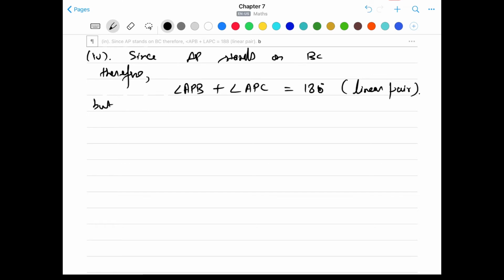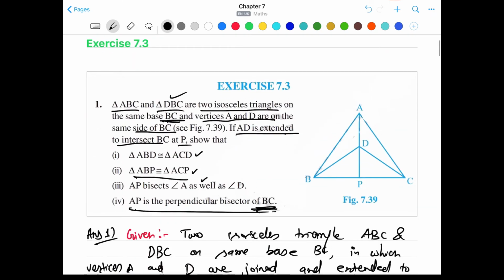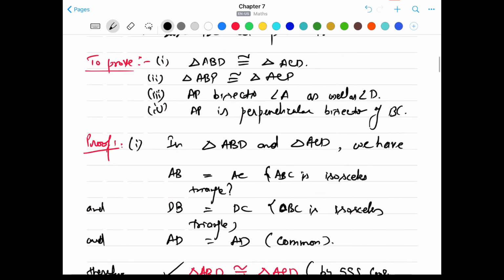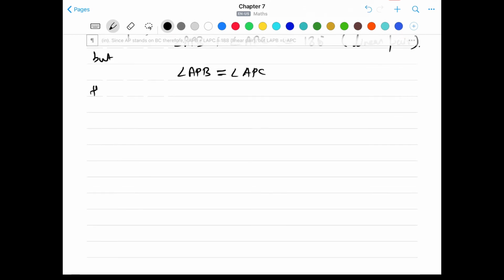So the sum of these two angles has to be equal to 180 degrees, but we have proved that angle APB is equal to angle APC. Therefore angle APB equals angle APC equals 180 degrees divided by 2, equals 90 degrees.